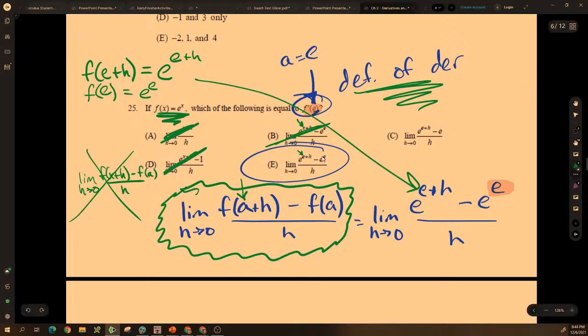But I really like that question because it's a really good strategy. If I'm using this formula, then I shouldn't have any x's in it. That doesn't mean for every definition of the derivative we're not going to have any x's. But for this one where I'm plugging in at some specific point and using the limit as h approaches 0 formula, there won't be any x's in it.